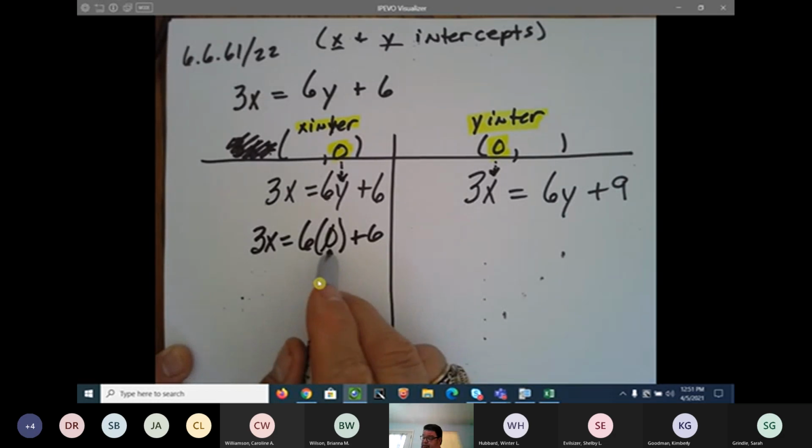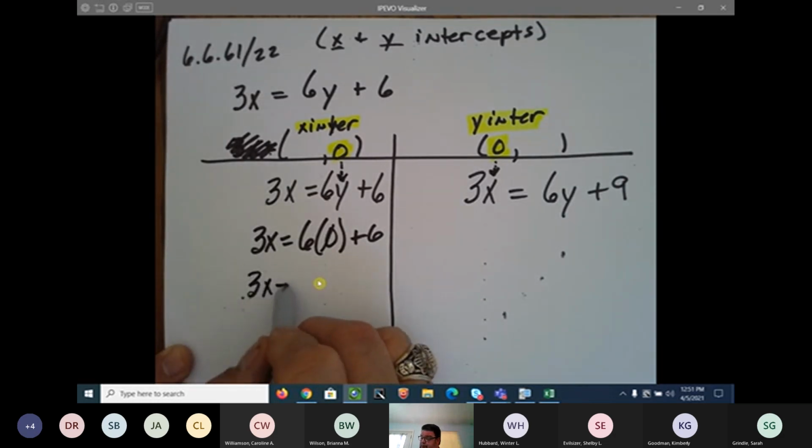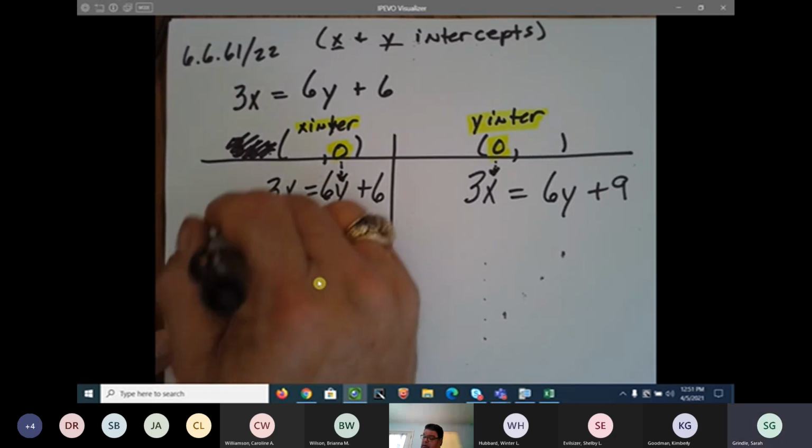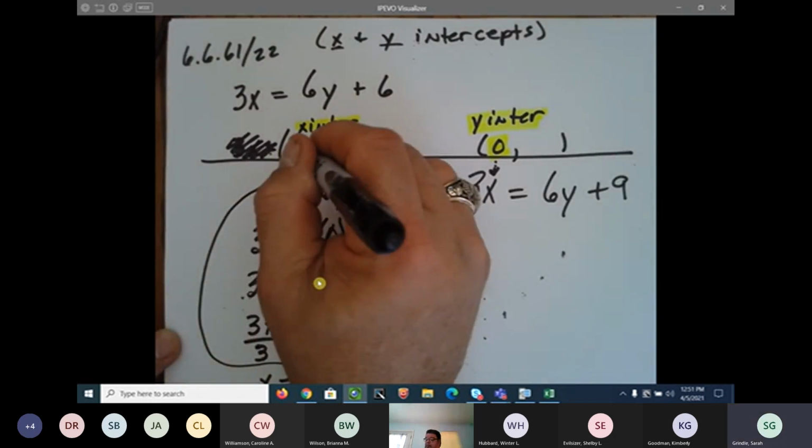And 6 times 0 is 0. 0 plus 6 is 6. Divide by 3. Divide by 3, and x is equal to 2. And that 2 is going to go right there.